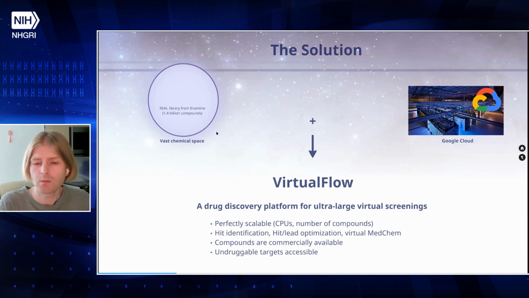And one big advantage is that these compounds are commercially available. So they can be purchased from Enamine and can be delivered within approximately a month. And the second major resource is cloud platforms such as the Google Cloud, which we use mostly these days. And there we are using like 100,000 CPUs in parallel, where we parallelize the docking instances.